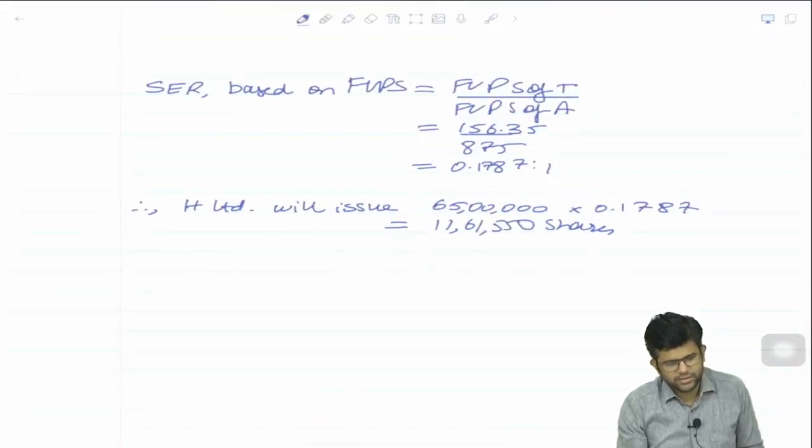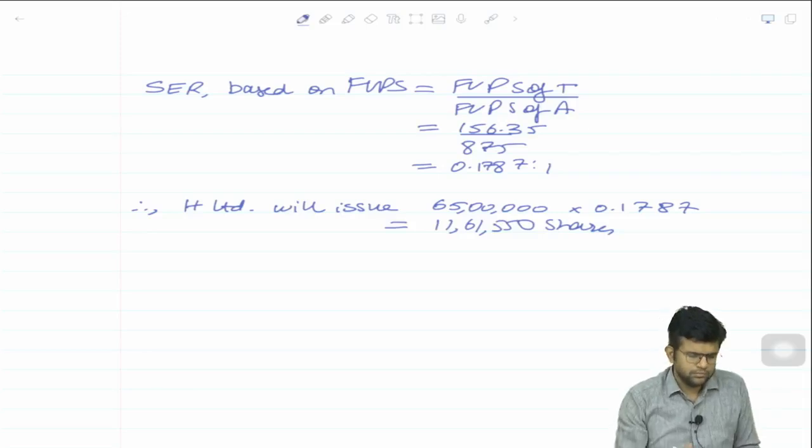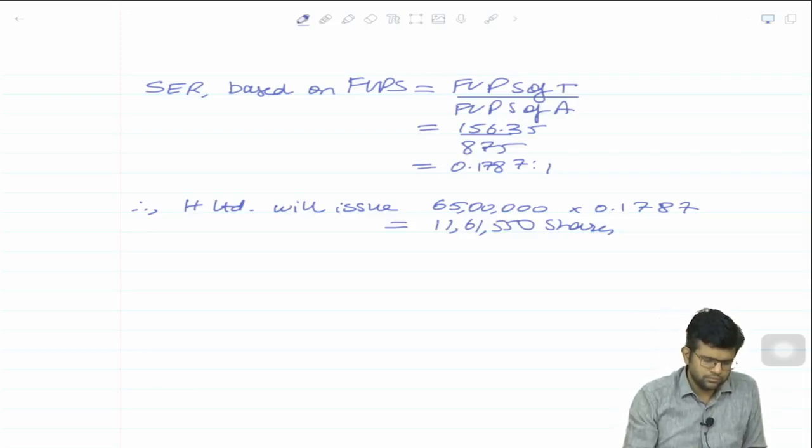Now just complete these 2 points and the question is over. SER is share exchange ratio.